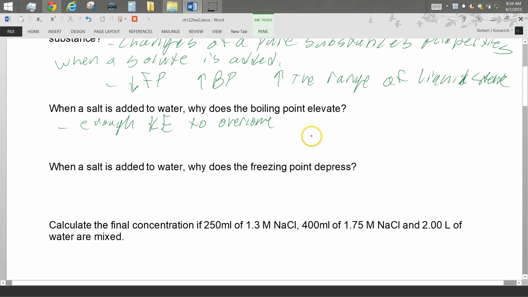What is actually occurring when it boils? Why is the question. So it's boiling because it has enough kinetic energy to overcome the intermolecular forces. So that's just boiling.